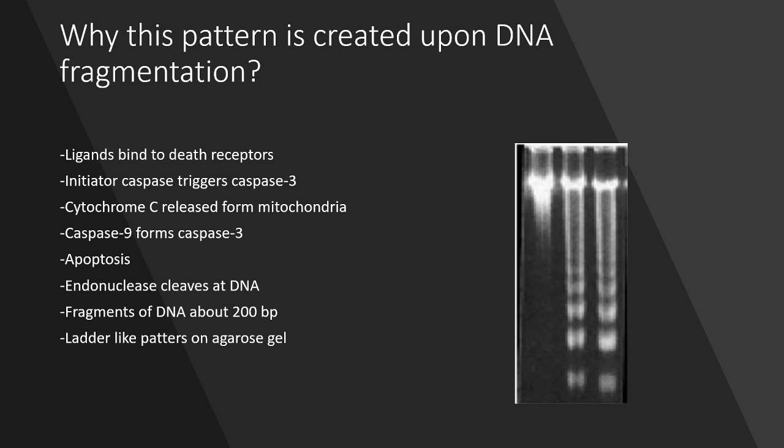This is the cause of the ladder-like patterns on the agarose gel. As we can see from the figure, they are like curved segments that form a ladder. So the nuclease cuts DNA and makes smaller fragments that are laid in that ladder-like pattern.